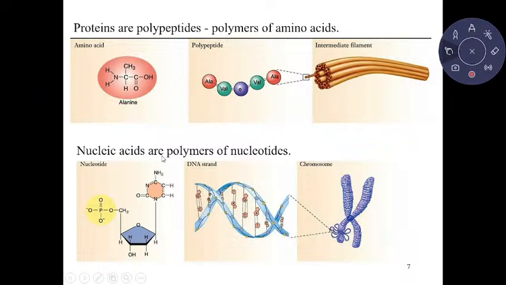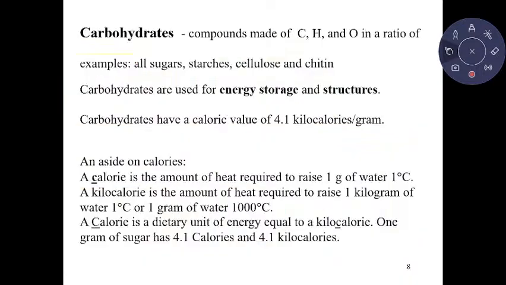Nucleic acids are polymers of nucleotides. This is one molecule of nucleotide that is combined to form a DNA strand. So many units are combined and form a DNA strand, present in the chromosome.